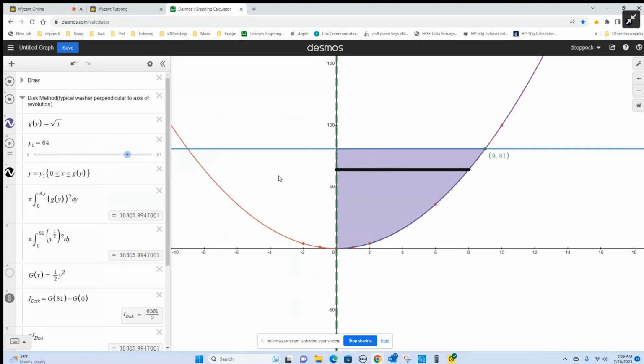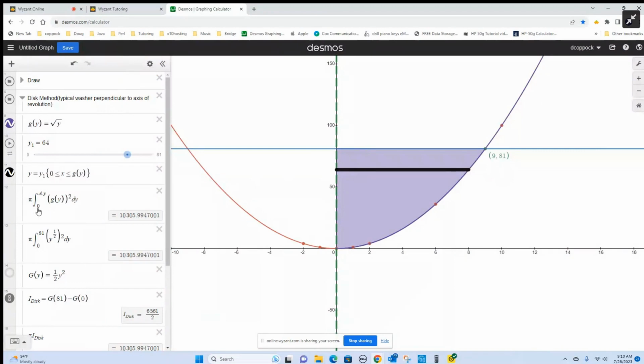But if I revolve that washer about the y-axis, I'll have a very thin cylinder. And the volume of that cylinder will be pi times the radius squared times its height, which will be a very small delta y. And that's what this is right here on row 12.